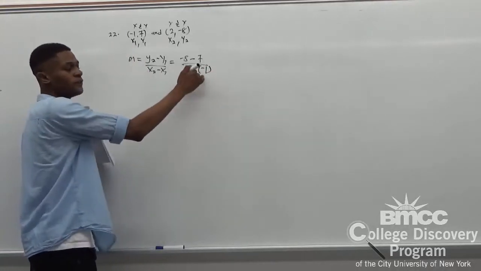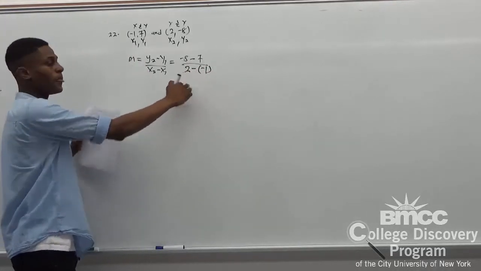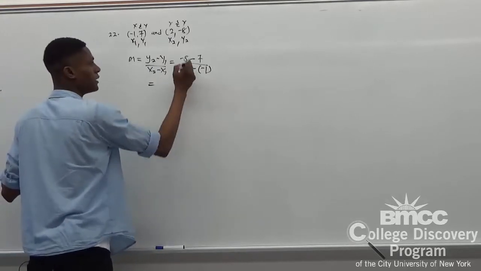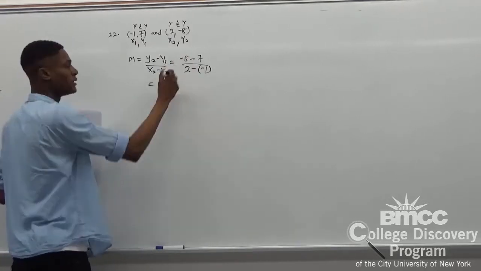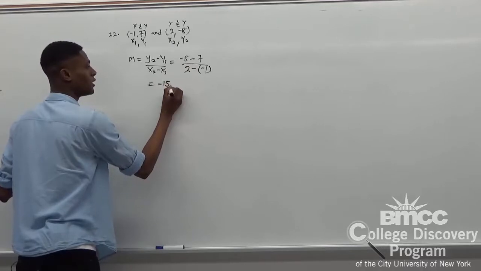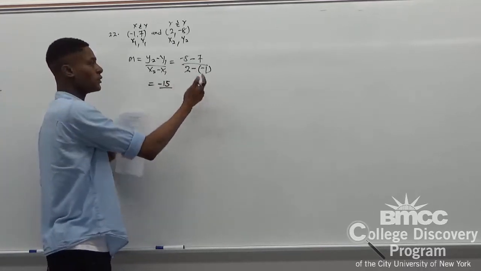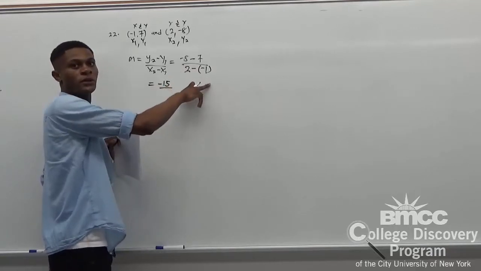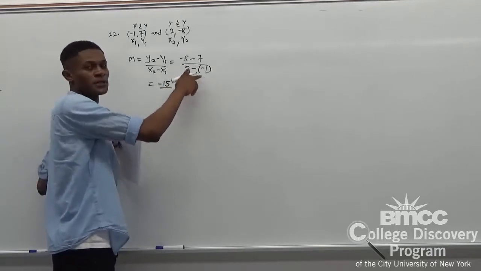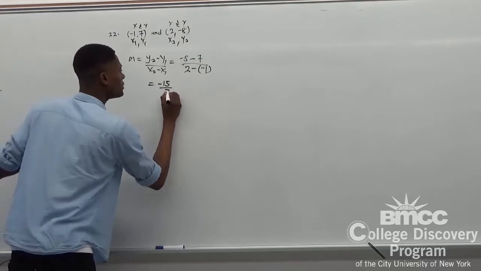So now you put the -1 in a bracket, and -8 minus 7 is -15 over 2 minus -1. Now the minus goes into the parentheses, and that becomes a positive, which gives you 3.